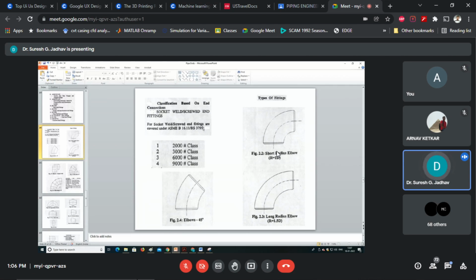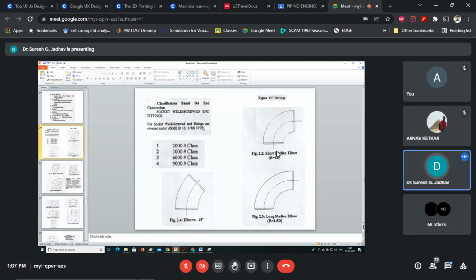Elbows are used to make 90 degree or 45 degree changes in the direction of run pipes. In piping industries, we always use a run pipe and sub pipeline.